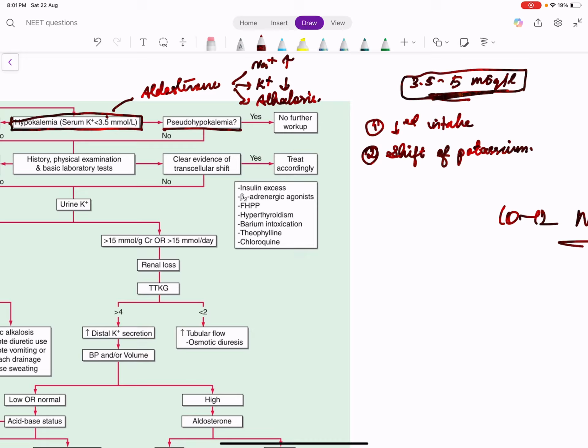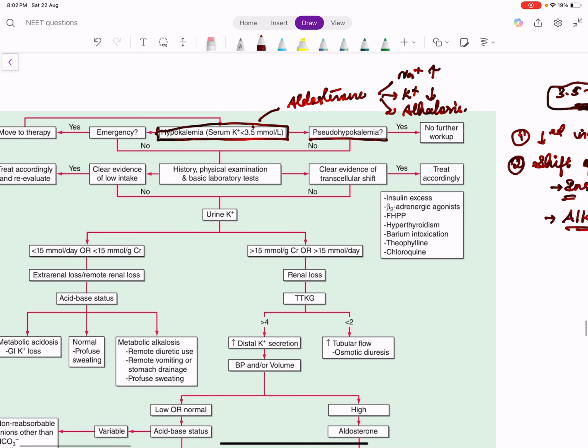So when potassium is low, it actually means some amount of potassium may have been shifted into the ICF. Example is by giving insulin. Insulin shifts potassium into the cells. So patients getting insulin may have hypokalemia. Patients having alkalosis may have the shift. So we have to look for these shift conditions.